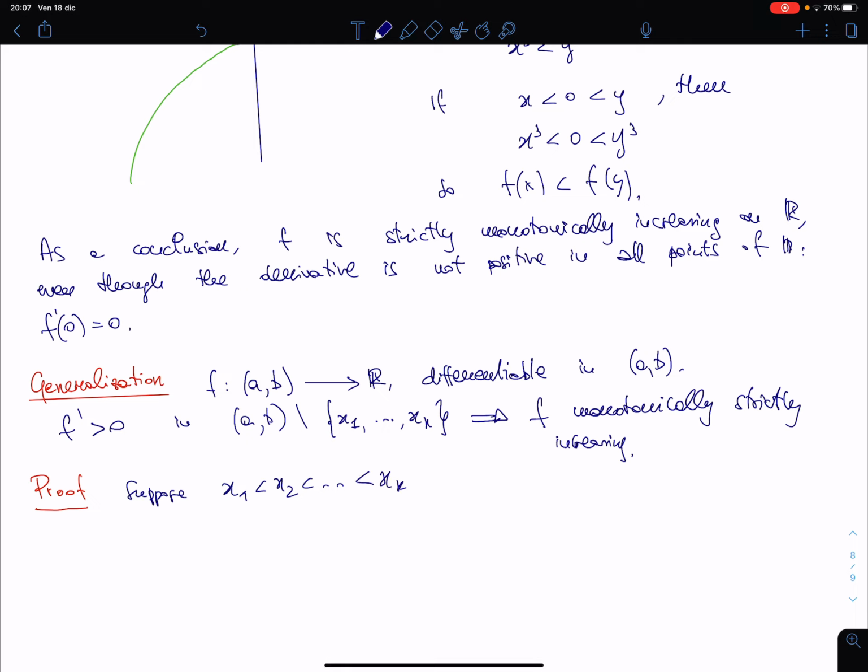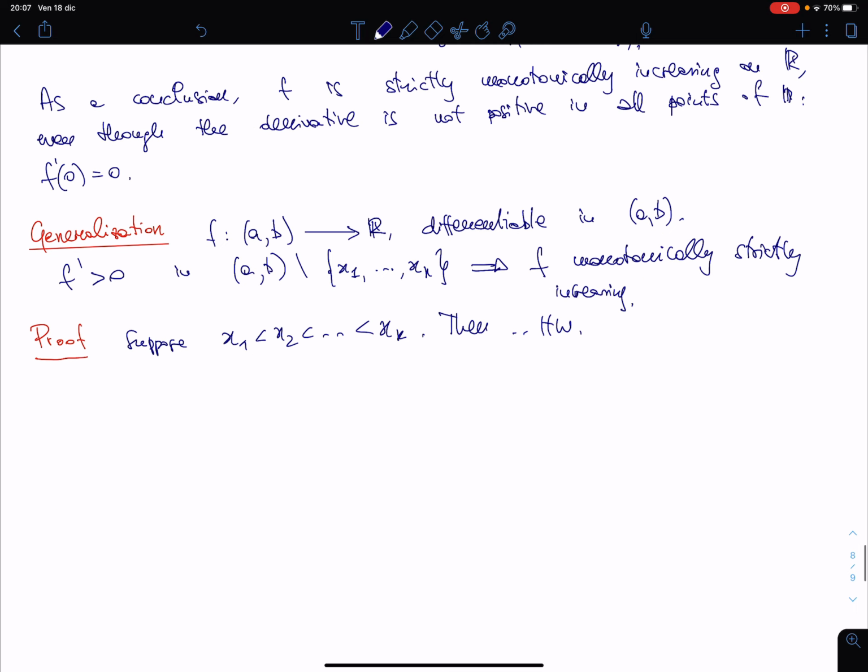And then homework. So of course analogous results hold for monotonically decreasing functions.